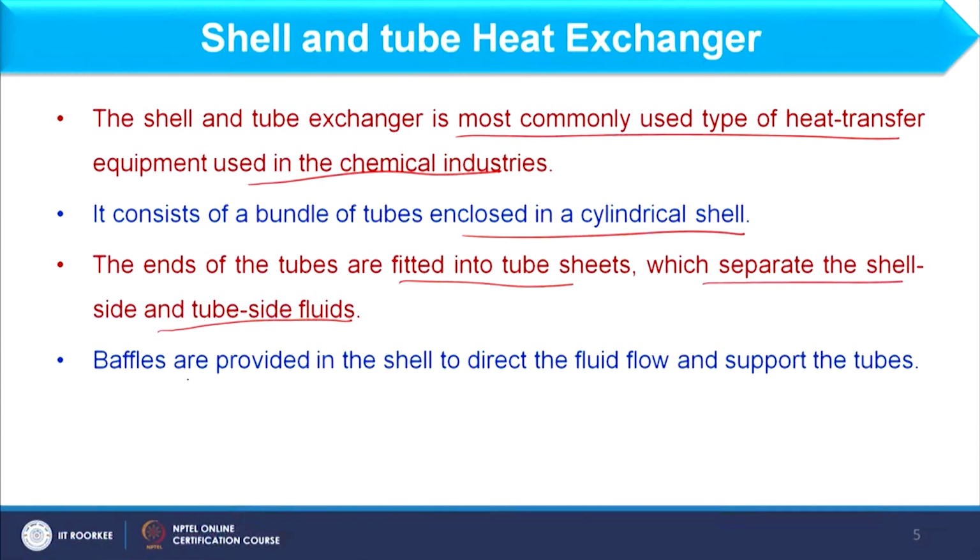And further we are using baffles, and these baffles are provided in the shell to direct the fluid flow and support the tubes. Okay, so the tube sheet is basically holding the tubes, but it holds the tubes from two ends only. However, if we let the tubes hang between two tube sheets, what will happen?